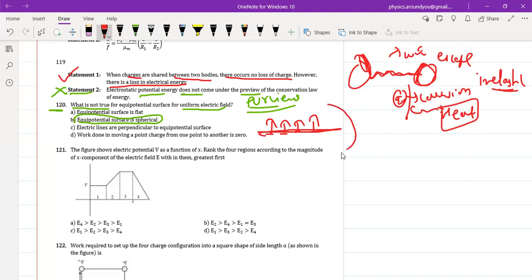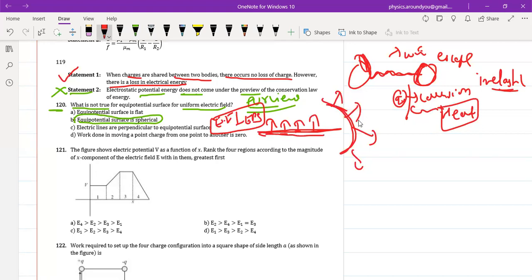If the equipotential surface is spherical, the electric field will have different directions. Then it is not a uniform electric field. The concept being used is the electric field being perpendicular to equipotential surfaces. Here, the electric field has the same direction throughout, therefore the equipotential surface is flat.